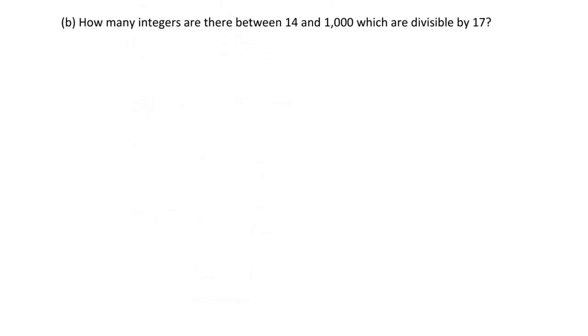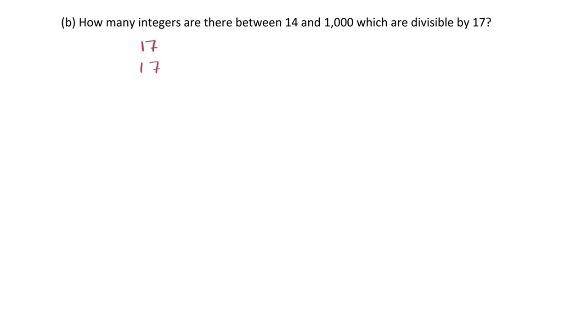Part B, how many integers are there between 14 and 1000 which are divisible by 17? Okay, so this is the arithmetic progression problem for integers between 14 and 1000. The numbers that can be divided by 17 start at 17.